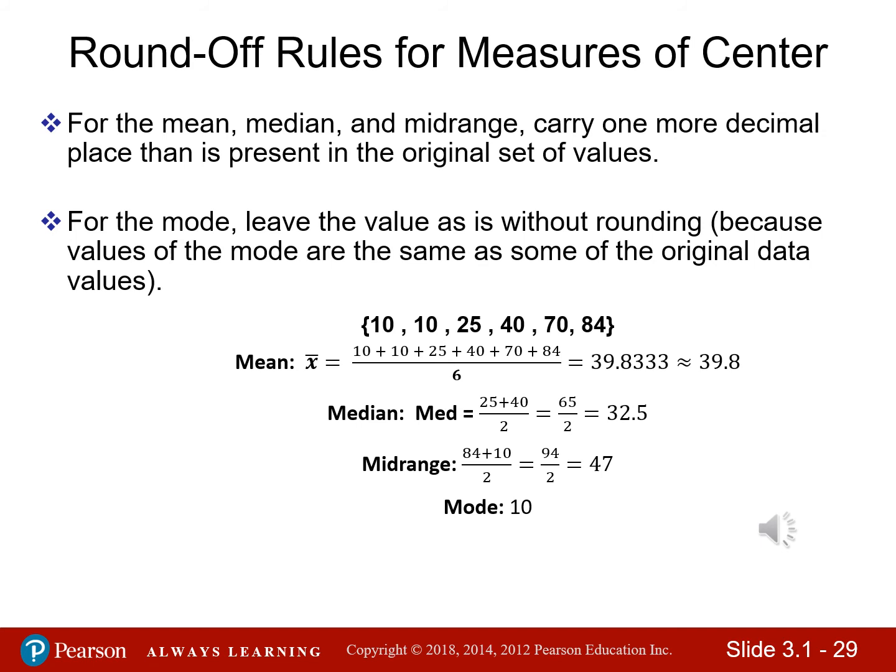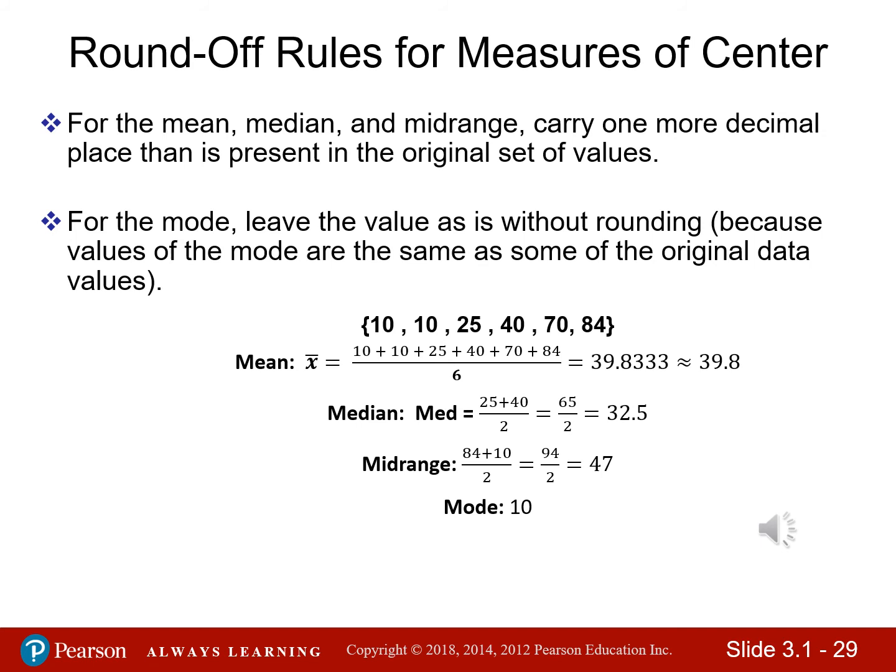If we were to calculate the mean of this data set, we would get a value of 39.8333, so we would want to round that off to 39.8. For the median of this data set, we get a value of 32.5, so we'll leave it as one decimal place.